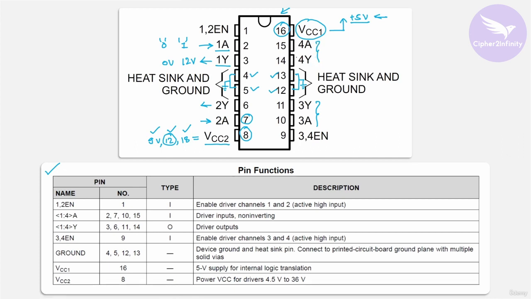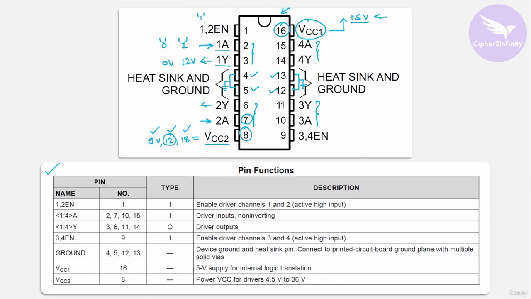Okay. So we are done with almost all the pins. Now we are just left with pin number 1 and pin number 9. Now let's try to understand the purpose of these 2 pins. As I told you, there are a total of 4 drivers. Now if you want to enable the first driver and the second driver, then on this particular pin, which is pin number 1, there should be logic 1.